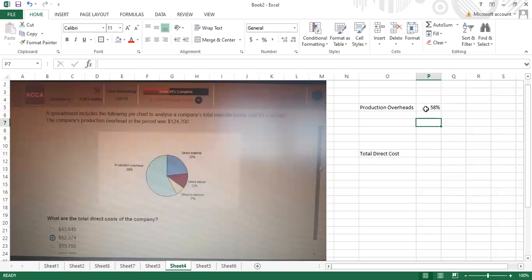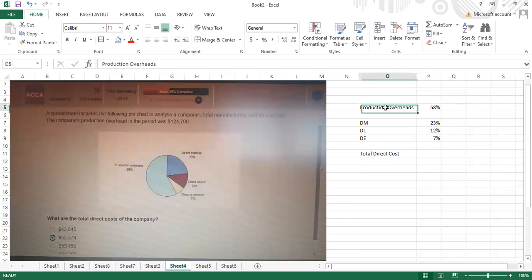And it is also saying that direct material, I'm writing DM, and direct labor and direct expense, I guess, yeah. Direct material is 23%, and direct labor is 12%, and this is 7%, right? This is the thing.